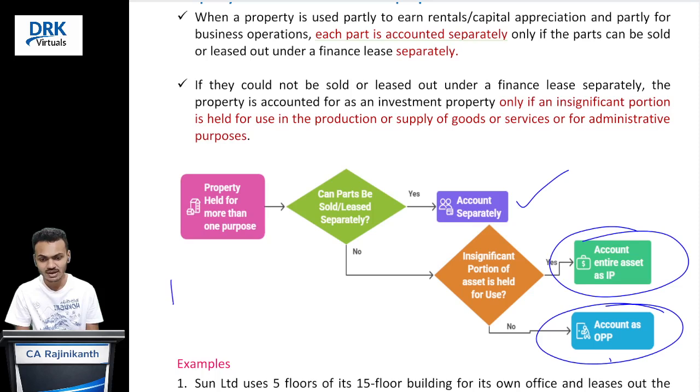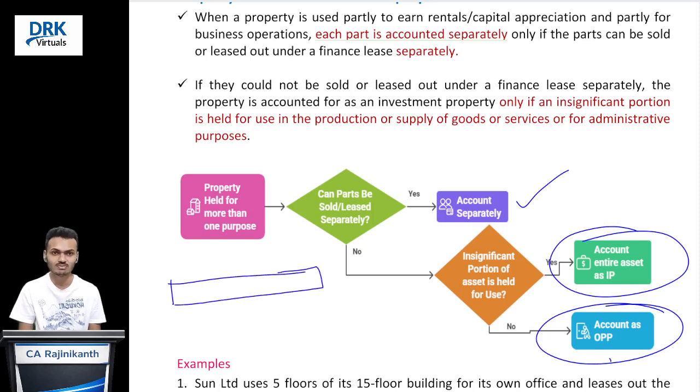Suppose we have a one floor building having only one room. Out of this, we are using only to the extent of this much. It constitutes 5% of that building. It means it is an insignificant portion. In this case, treat this entire building as investment property.